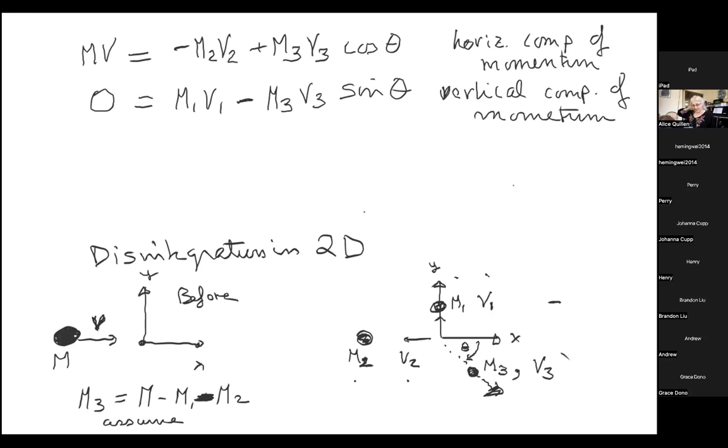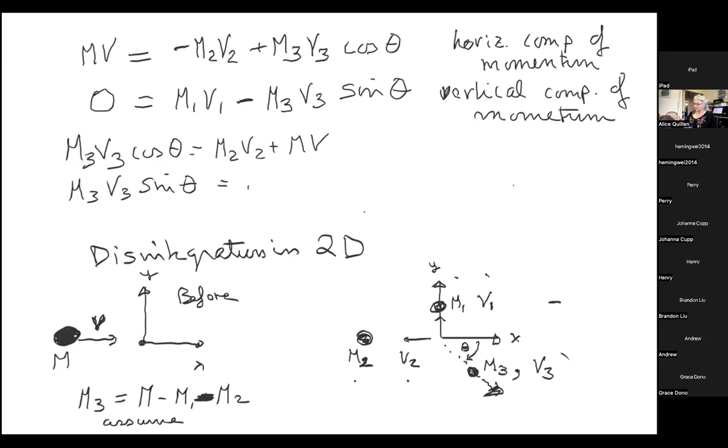Okay, so it's handy to move the cosine and sine terms onto the same side of the equation, so we rewrite these equations like this. M3 V3 sine theta is equal to M1 V1. And so I can compute the square of both of these equations and add them together.